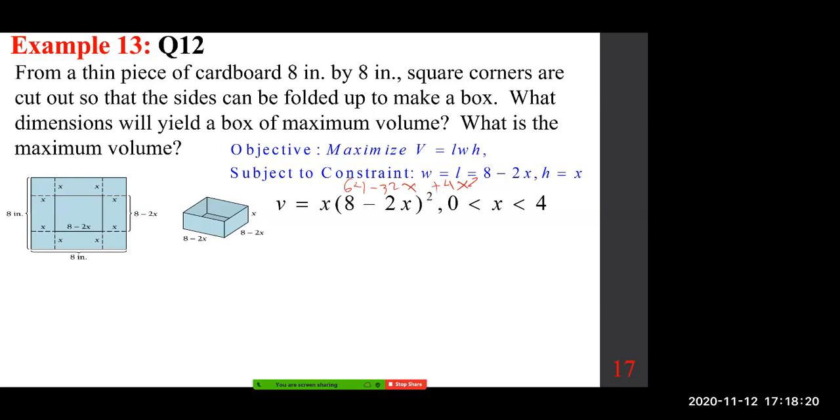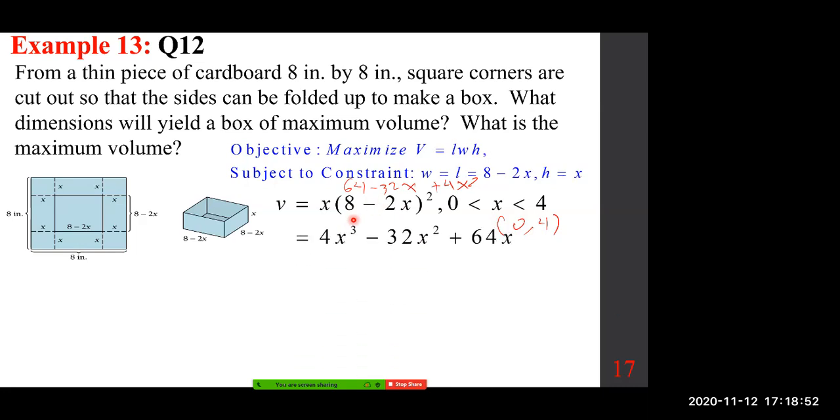And why is it that x is between 0 and 4? That's always important, class, having a proper domain. Because obviously, dimensions must be positive, so it's larger than 0. Remember, if you cut the 8 in half, you get 4. And if you cut it in half, there is nothing left to give you a volume. So 8 minus 2x equals 0. If you go with 4, that makes it 0. If you go beyond 4, that makes it negative. And so multiplication gives you that.